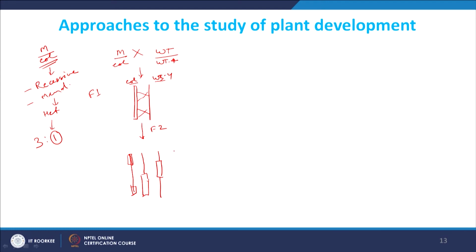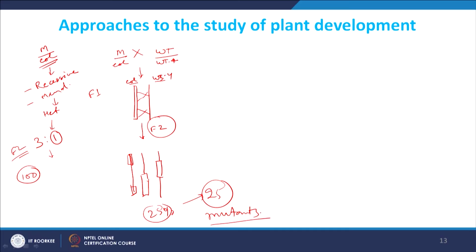But one thing we do is take these plants. Let us assume I have taken 100 plants from the F2 population. From this F2 population, 25% of the plants, approximately 25 plants, will be the mutant, they will show the phenotype.